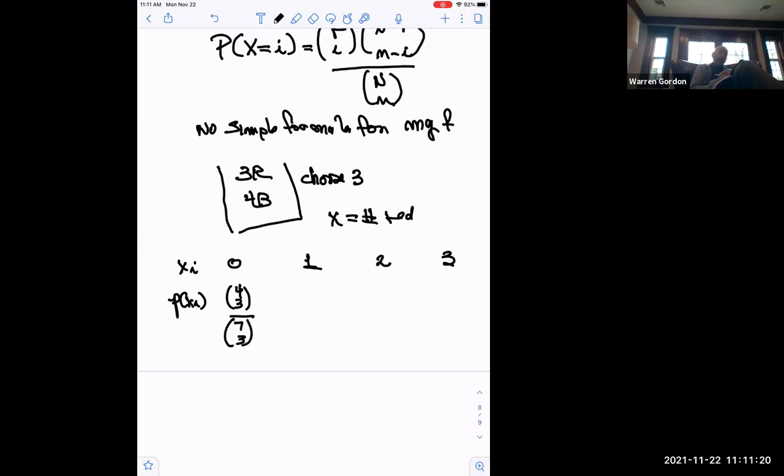The probability of getting 1 red means 3 choose 1, 4 choose 2 over 7 choose 3. Getting 2 red would be 3 choose 2, 4 choose 1 over 7 choose 3. And getting 3 red is 3 choose 3 over 7 choose 3.